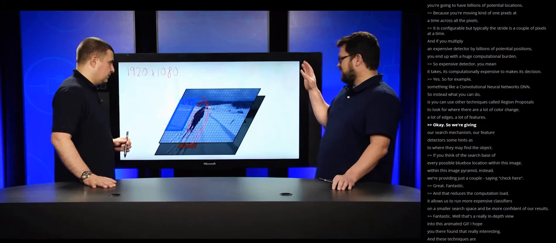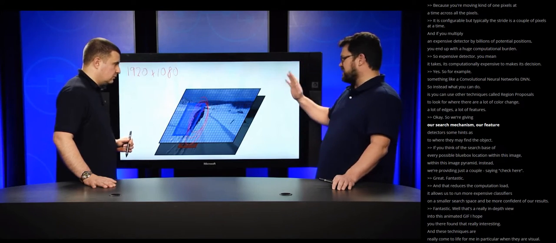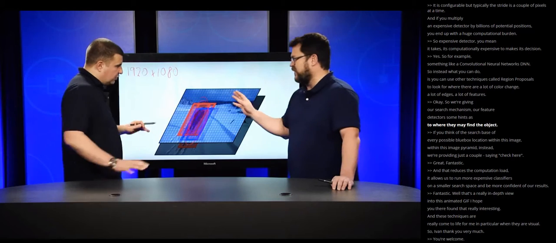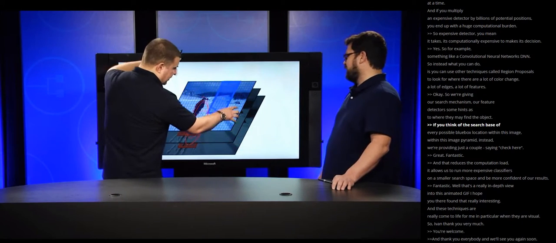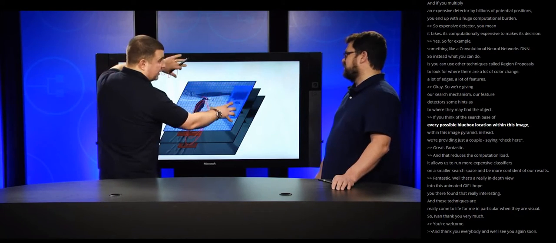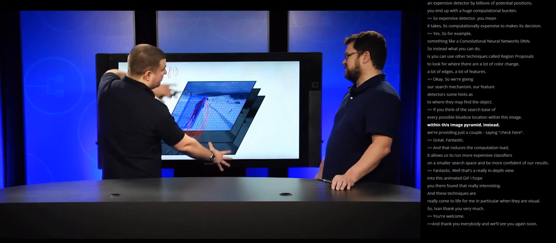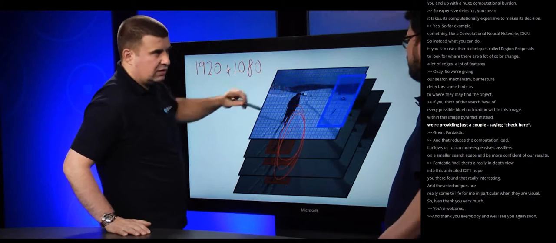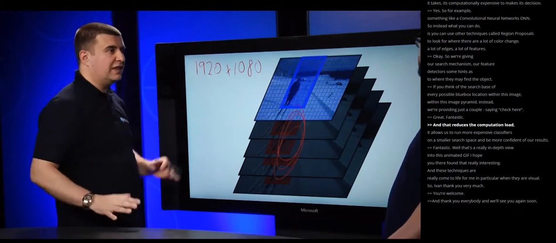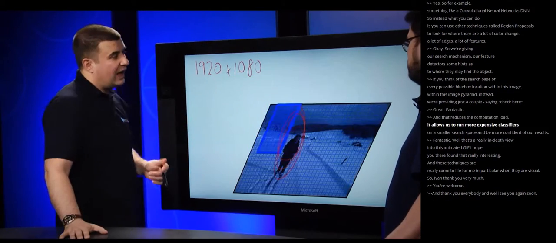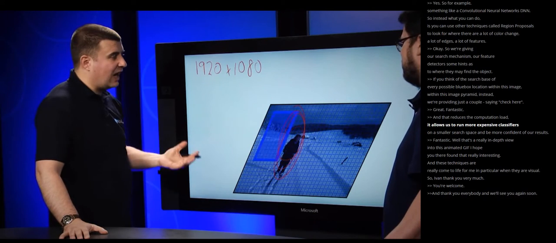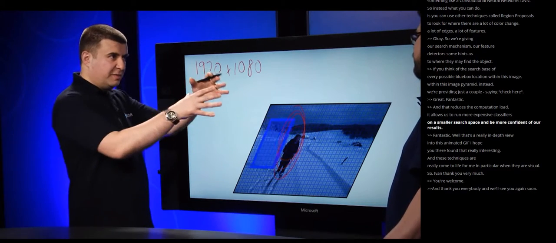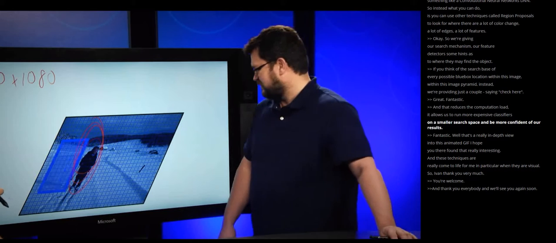So we're giving our search mechanism, our feature detector, some hints as to where it may find the object. If you think of the search space of every possible blue box location within this image pyramid, instead we're providing just a couple. Check here. Fantastic. And that reduces the computational load. It allows us to run more expensive classifiers on a smaller search space and be more confident of our results.